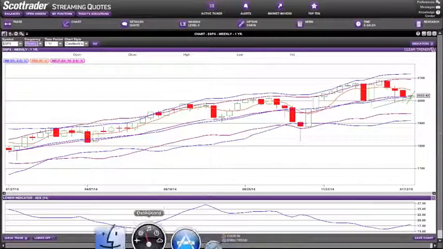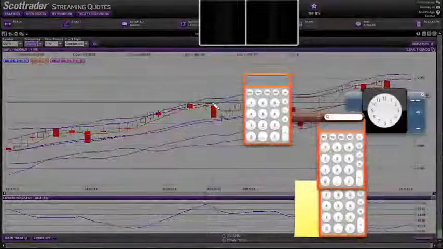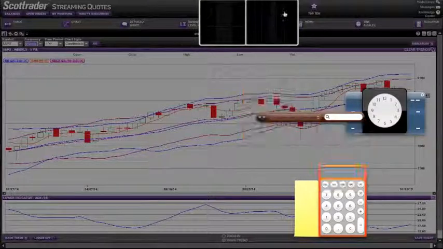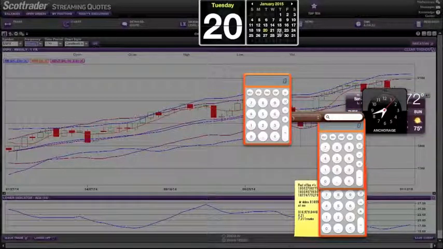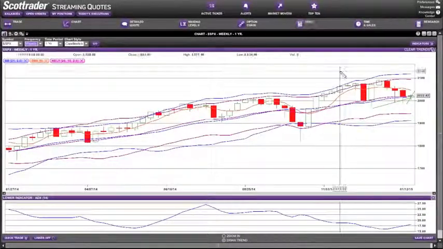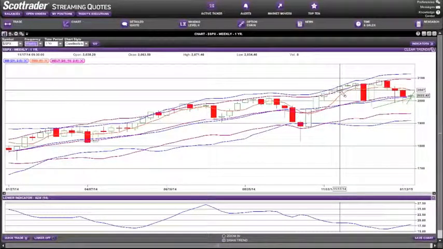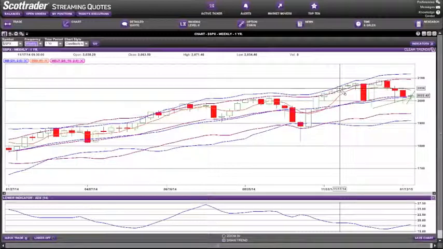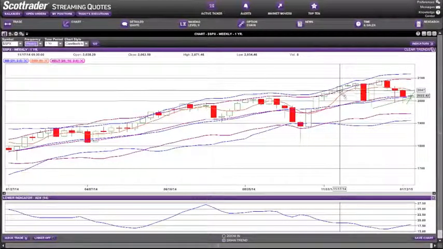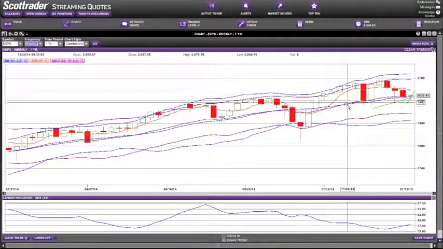Let's see here. Just want to see how many more trading days we're going on. 1, 2, 3. Yeah, 8 more trading days. So in 8 trading days, we're either going to be here or here on the weekly.